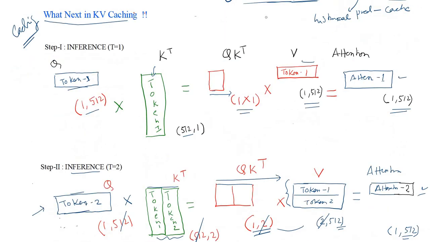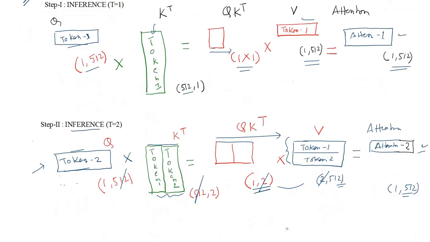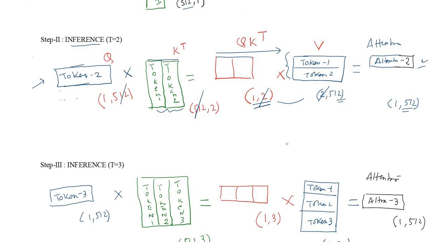What here is 1 cross 1, 1 cross 2. Next, in the third inference, we have the third token. So this is K transpose, this is Q.